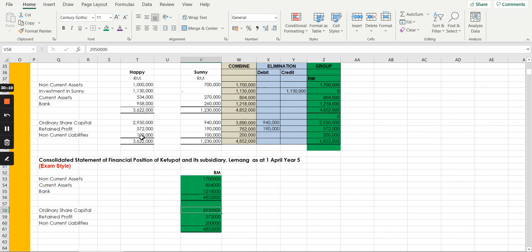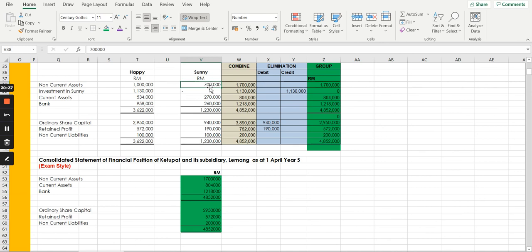No matter if you acquire it 100%, 70%, 80%, or maybe just 60%, you are going to consolidate the assets and liabilities, here 1.7, right, in full. You are not going to consolidate, let's say, 700,000 times 80% because you acquire 80%.